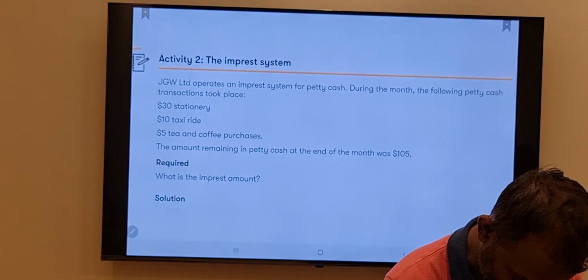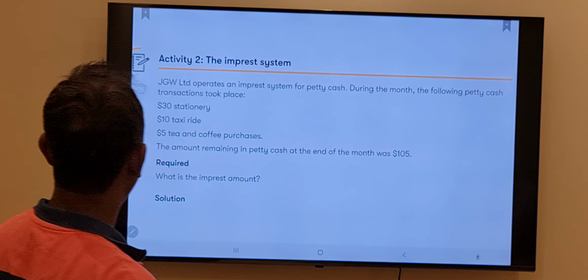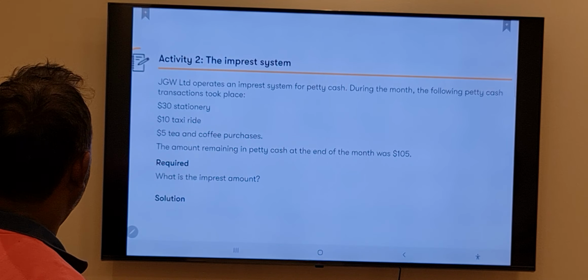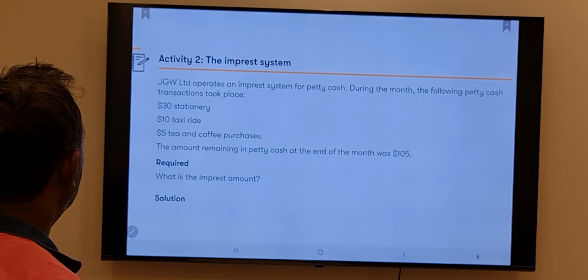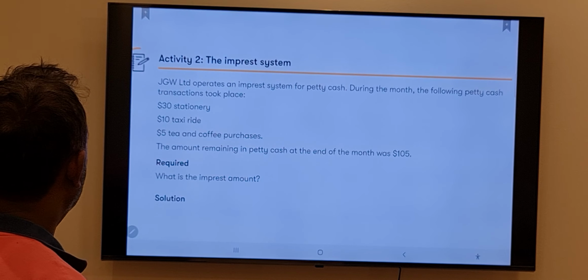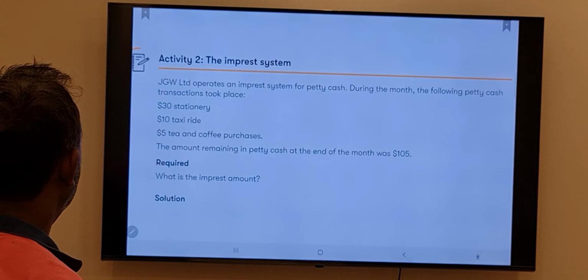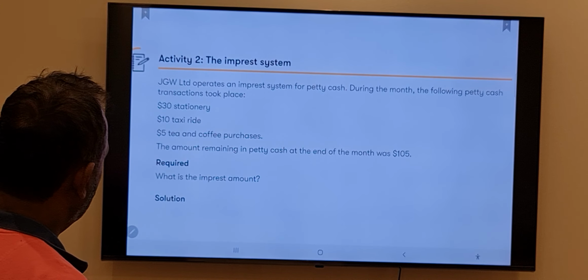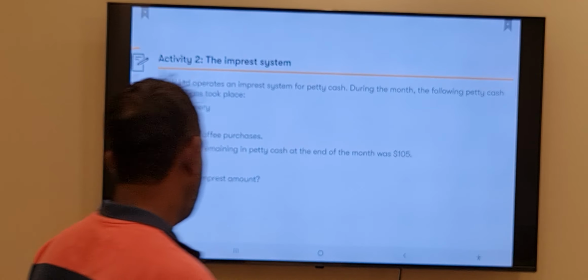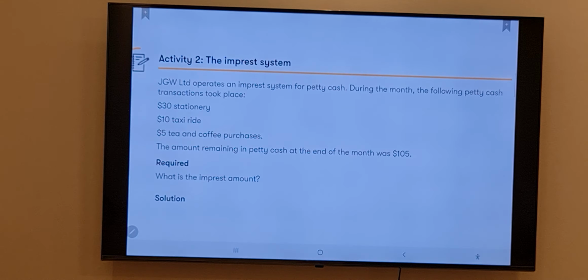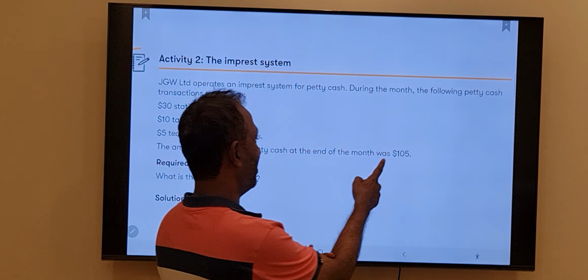Okay, let's try this question. The amount remaining in petty cash at the end of the month is 105.